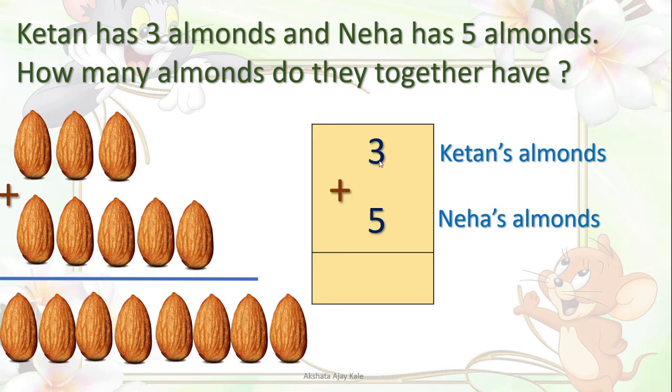Now addition. 3 plus 5, that is nothing but 8, right? What is this 8? Total almonds. Got this, children? Very simple. Correct? Whatever you know, that we have written in the tabular form. 3 plus 5 equal to 8. 8 is the total almonds these two have. Correct?